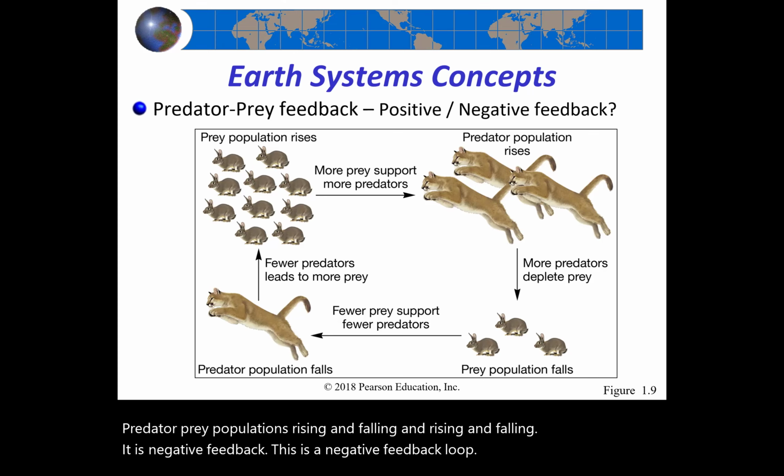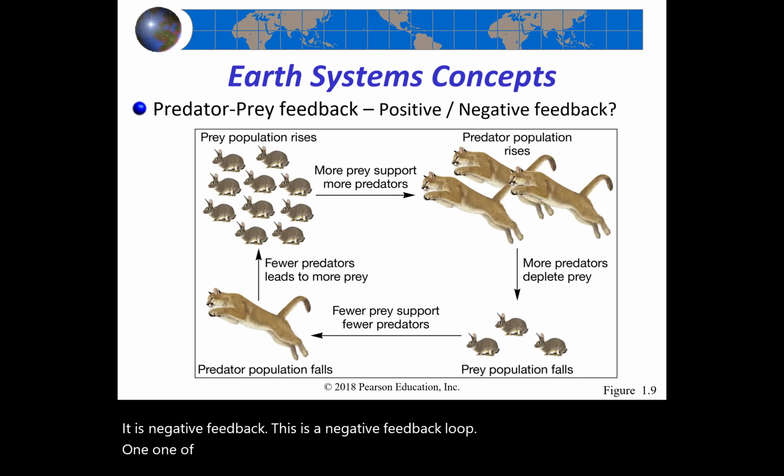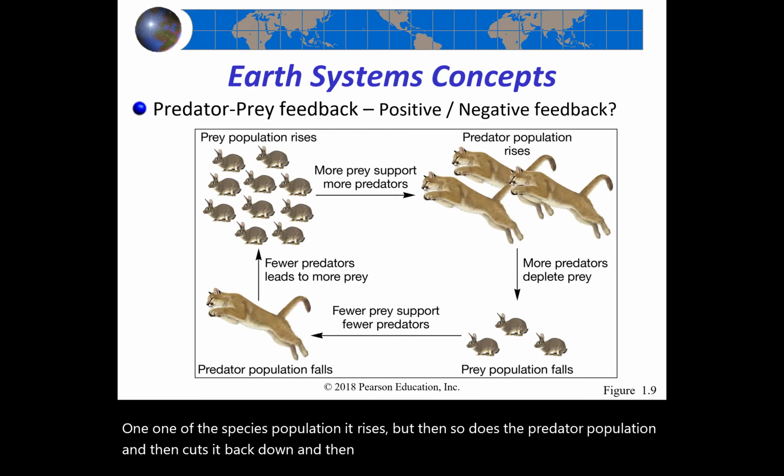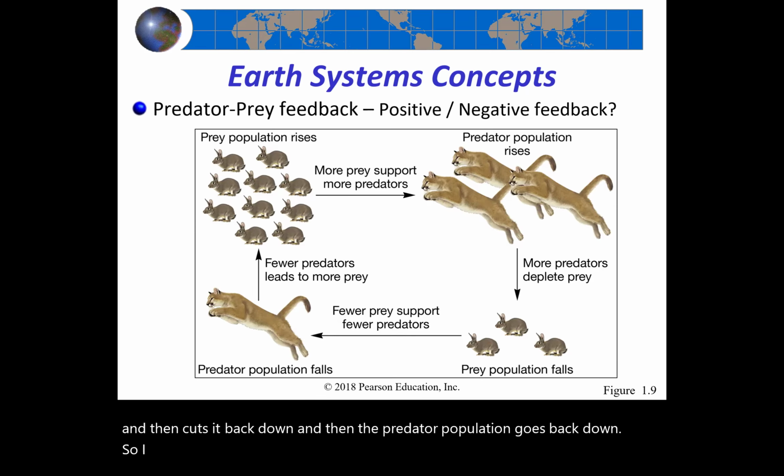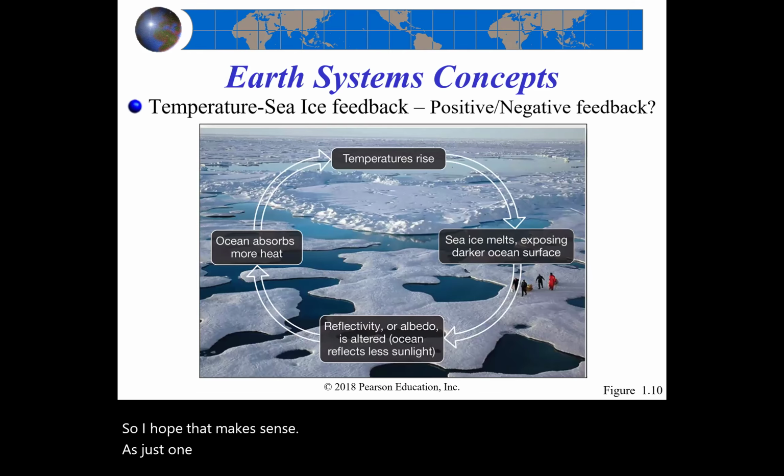One species' population rises, but then so does the predator population and cuts it back down. And then the predator population goes back down. So I hope that makes sense as just one example of a feedback loop.